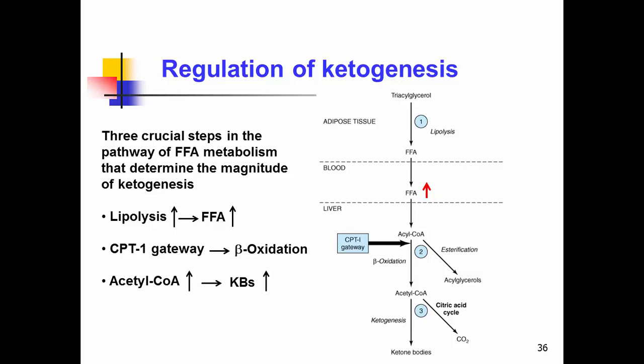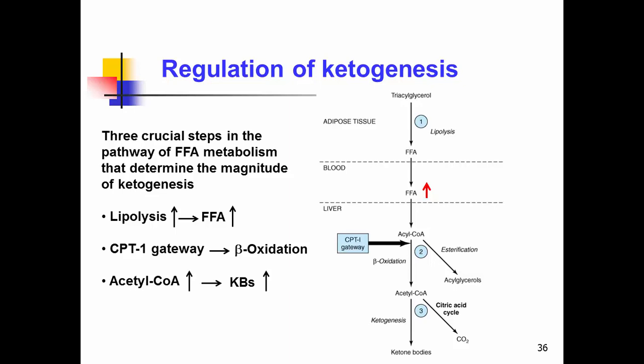And lastly, the acetyl-CoA level is also very important. This is a substrate for ketogenesis, so acetyl-CoA levels also regulate ketogenesis. So try to remember three important factors that regulate the rate of ketogenesis. First is the circulating fatty acids level.